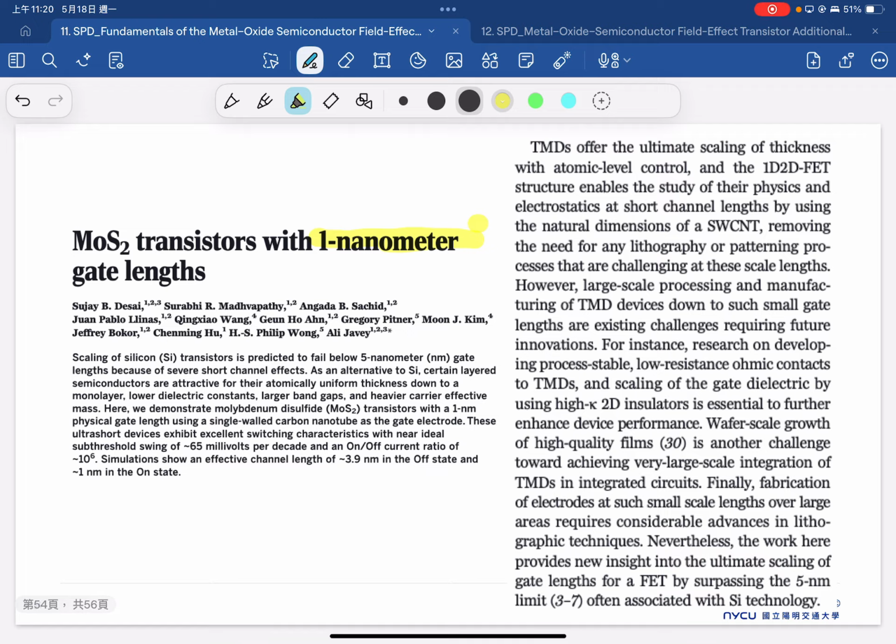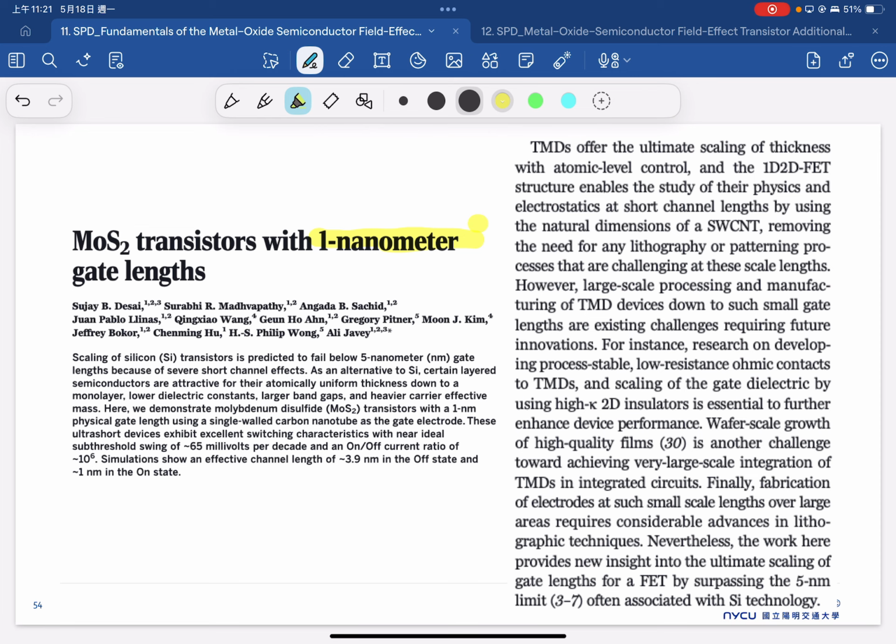So this is a paper published in Nature, so it's also worth reading. The conclusion is that they want to demonstrate that MoS2, which is a 2D material, even scaled down to 1 nanometer, can still exhibit functional MOSFET transistor characteristics.